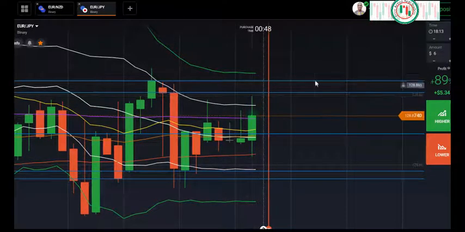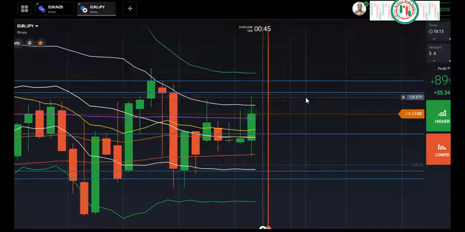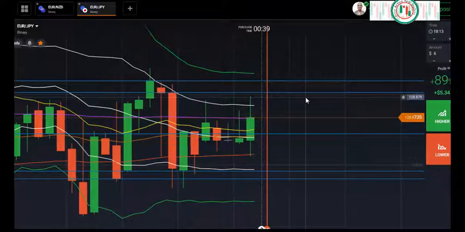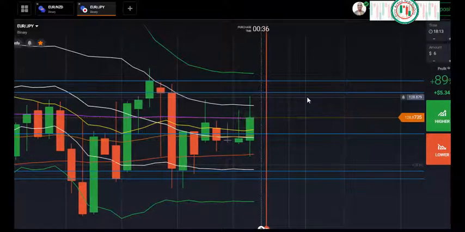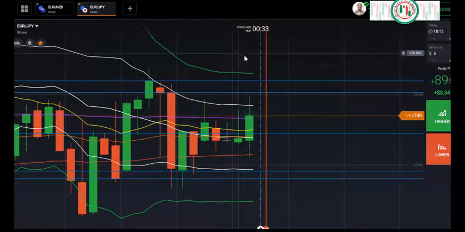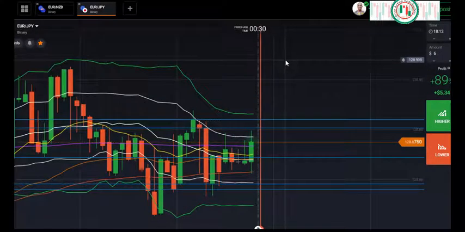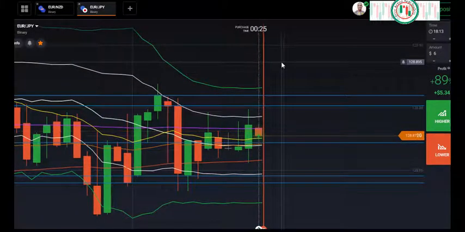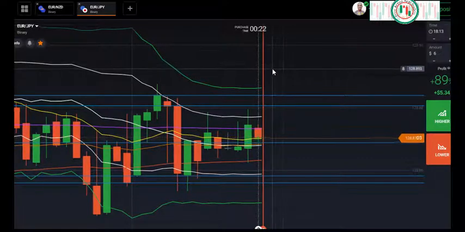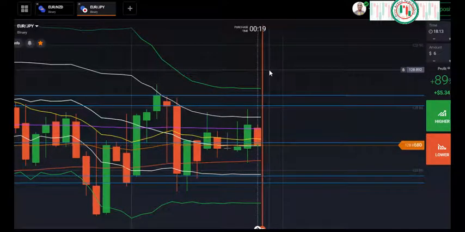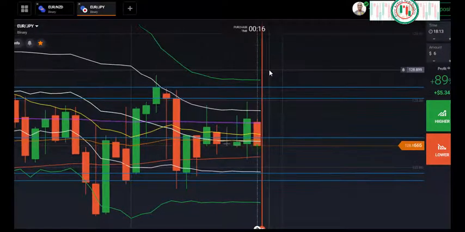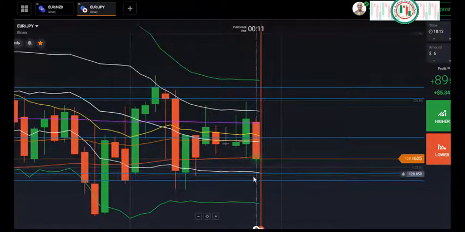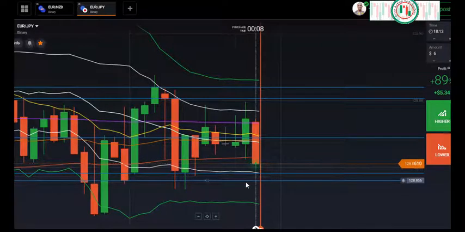So you see the market is rejected from this level. You can see the market is coming down.